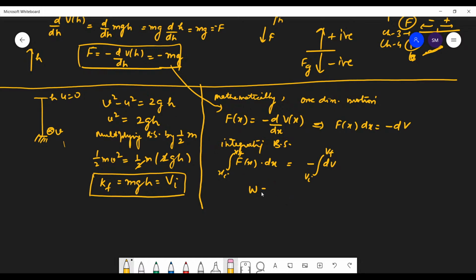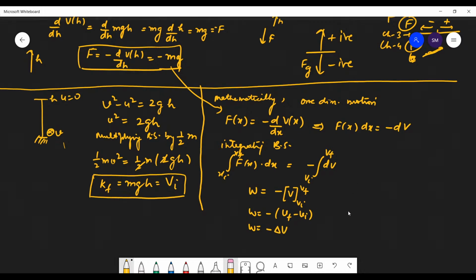So we need to be very particular about this sign, negative, and this comes out to be V integration Vi to Vf, and that's W equals to minus (Vf minus Vi), and that comes out to be work done is equals to minus delta V.